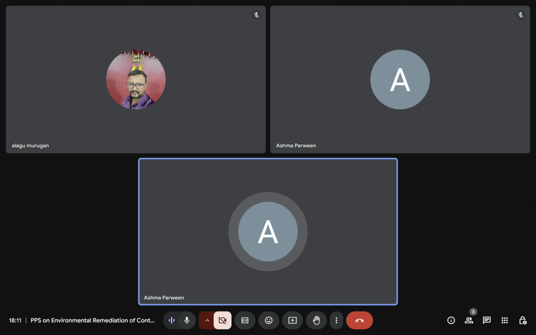Chromium 3 generally exists in solid state, or in precipitated form. So through this we can remove chromium 6 by precipitating it into chromium 3. We also know that chromium 6 is carcinogenic, whereas chromium 3 is not carcinogenic.